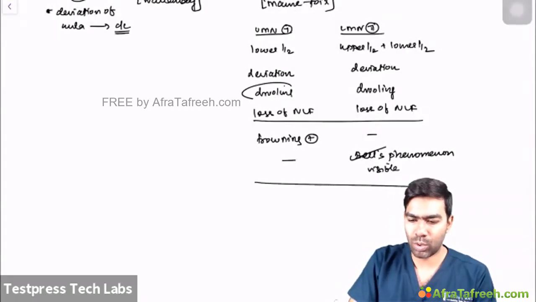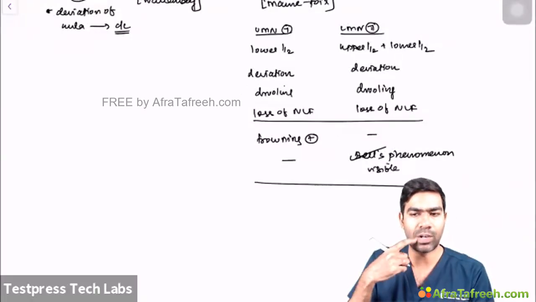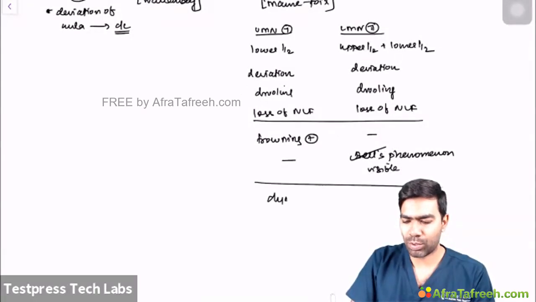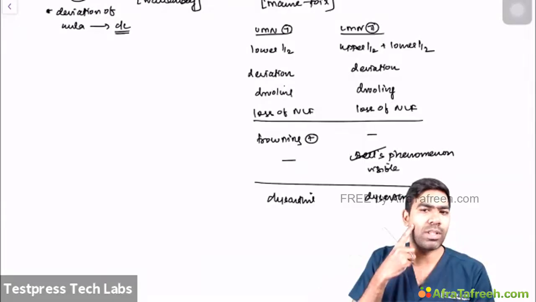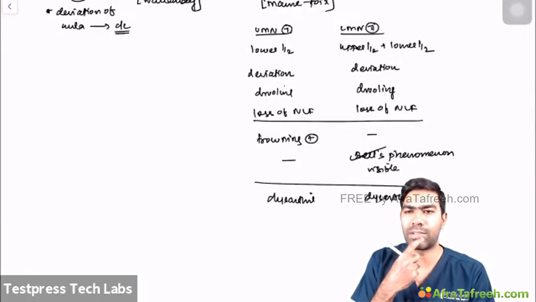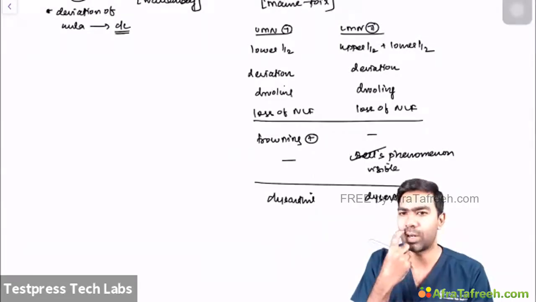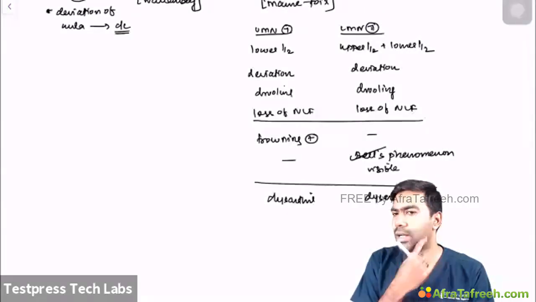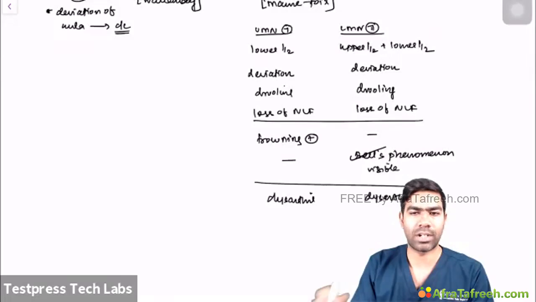Third point is drooling of saliva. Salivary drooling and dysarthria can be seen in both. Dysarthria is due to involvement of the buccal musculature. Remember, the lips and buccal area are supplied by the facial nerve only. Orbicularis oris and buccinator are supplied by the facial nerve.